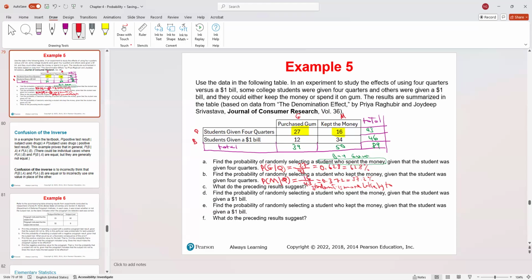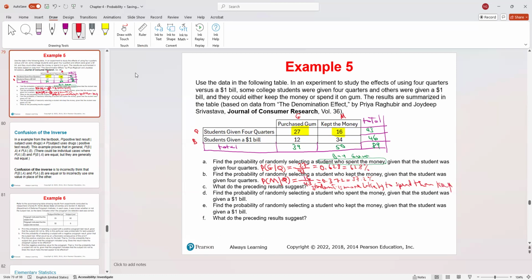So actually more likely to spend than keep. That's for the quarters, right?